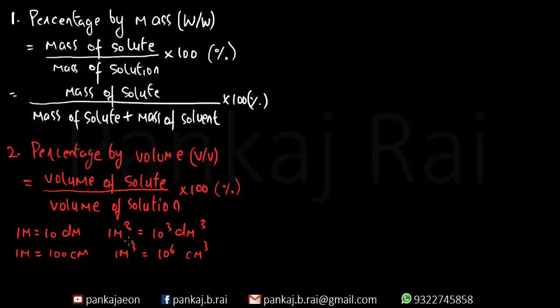Both are 1 meter cube, so you can equate them: 10 raised to 3 decimeter cube is the same as 10 raised to 6 centimeter cube. Dividing by 10 raised to 3, 1 decimeter cube is equal to 10 raised to 3 centimeter cube. You can also say that 1 centimeter cube is equal to 10 raised to minus 3 decimeter cube. You should remember all these conversions.